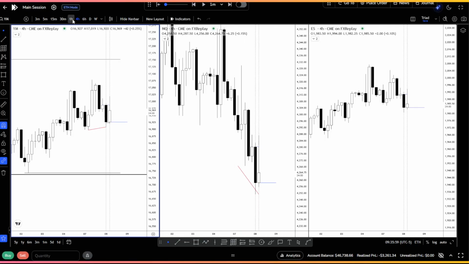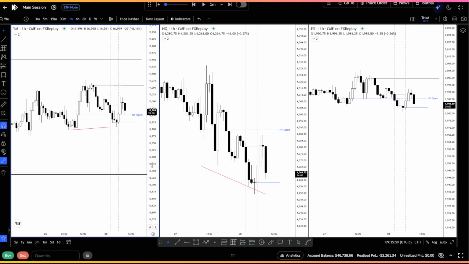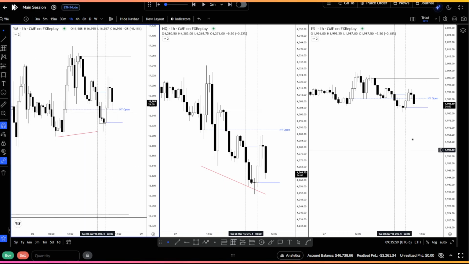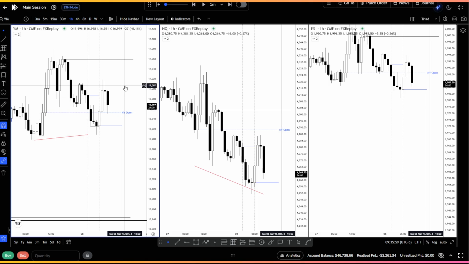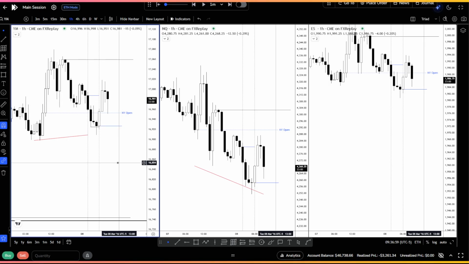Having said that, let's see if we get any sort of cracks on lower time frame. No cracks as of now, and a really bad close for 6 a.m. as well, at least for now.